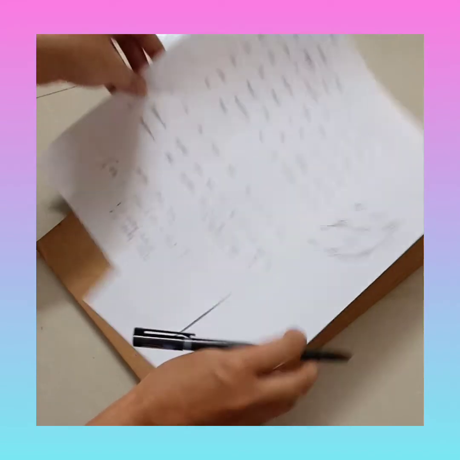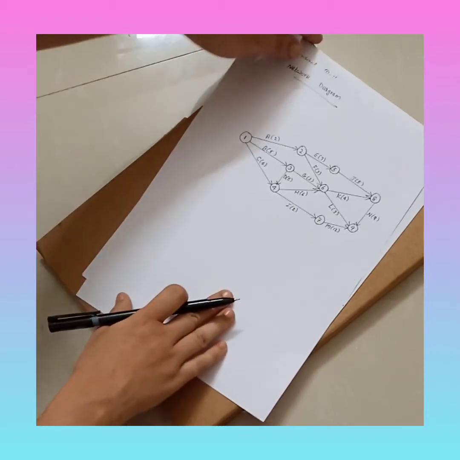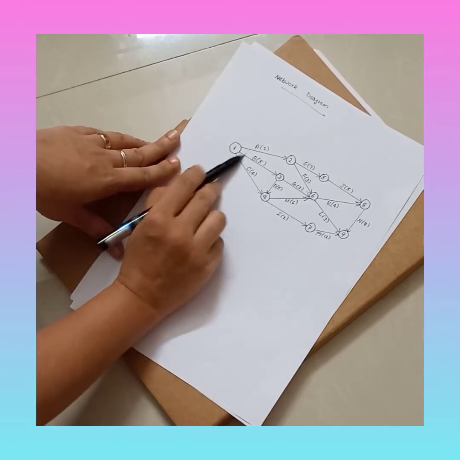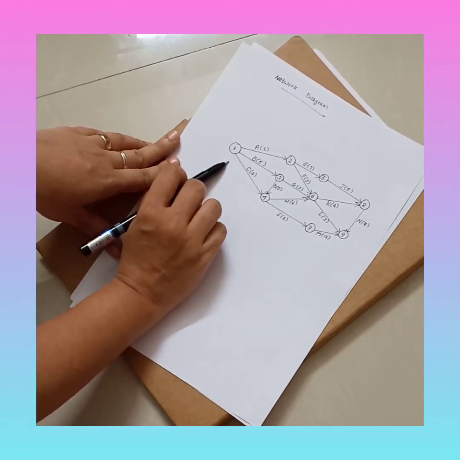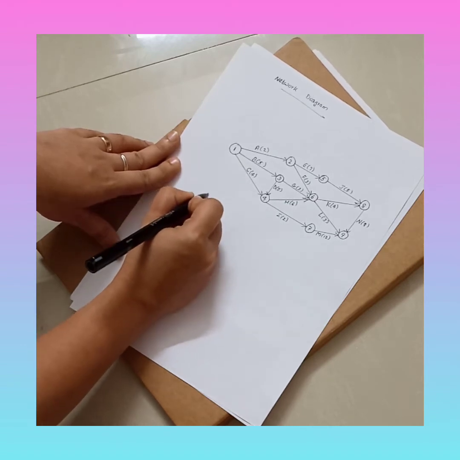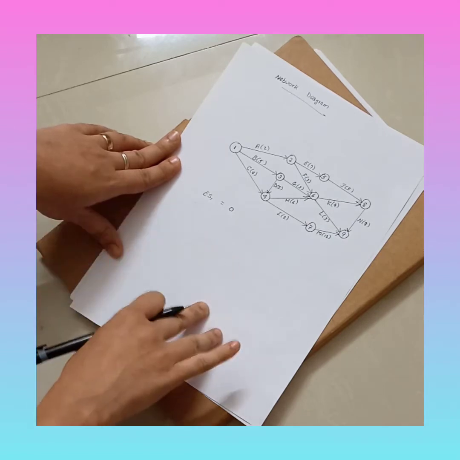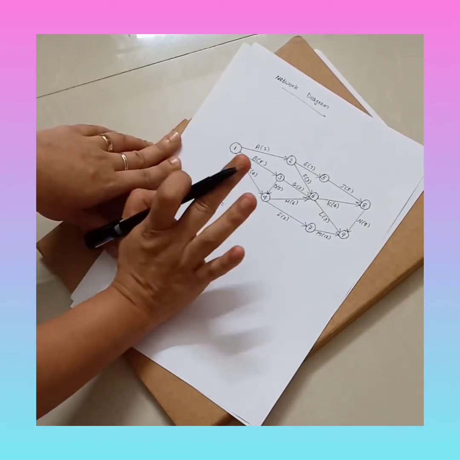Now let's see how we will find it for each and every node. You have to remember one thing. In any network diagram, for the starting node, or the first node, the earliest start time will be 0. So ES1 is always 0 for any given network. That is, for the first node, the earliest start time is 0. So we are starting from 0.